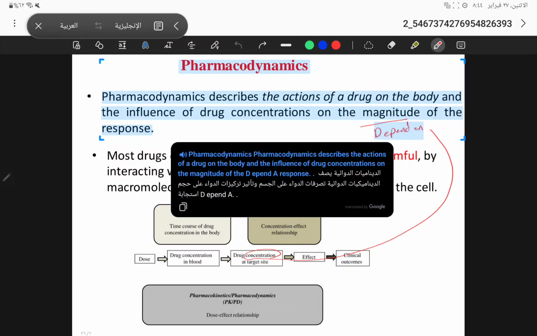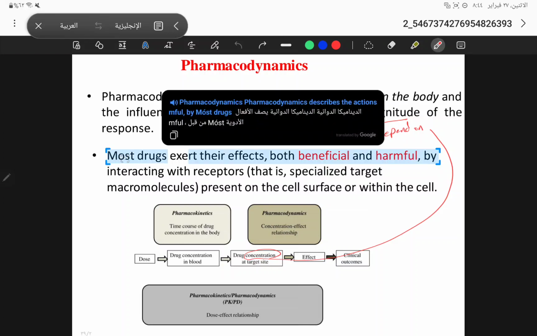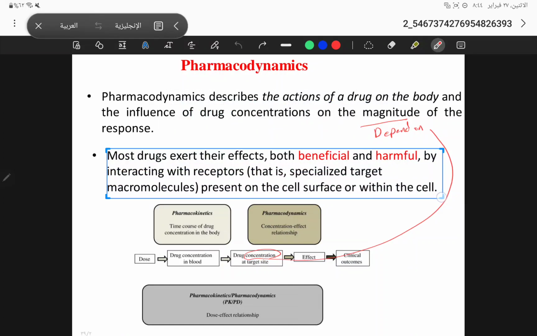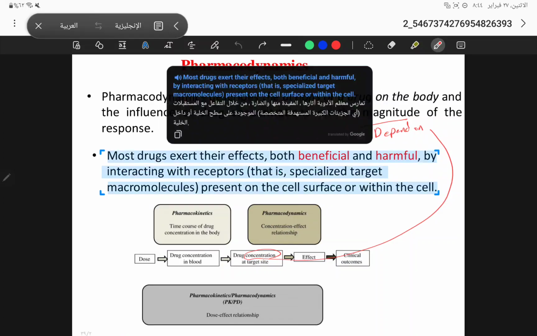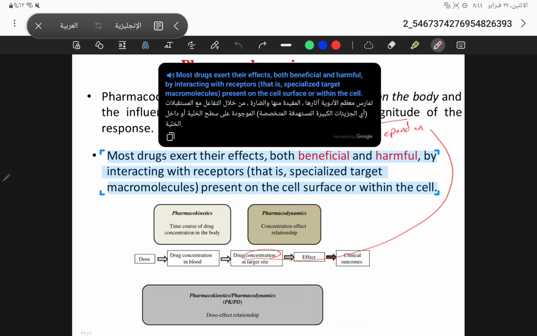And of course, in therapeutic doses, it is studied. When we have a high dose or some problem in the absorption or kinetics of the drug, we could get a harmful effect. Anything could be harmful, even water, by interacting with receptors.